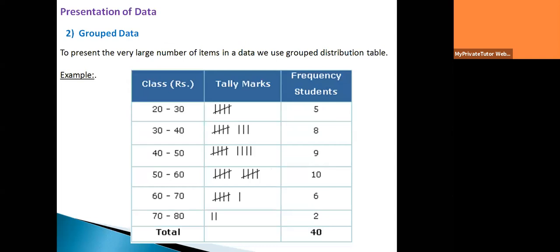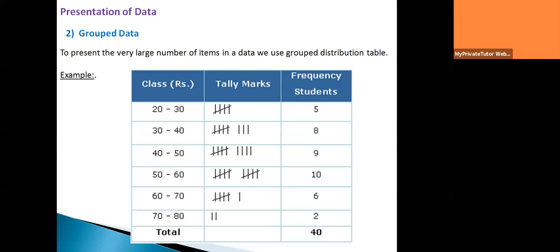For example, let's say in a school, in class ninth, we have 40 students who took the test yesterday. So how much score did they get? That might be the question.